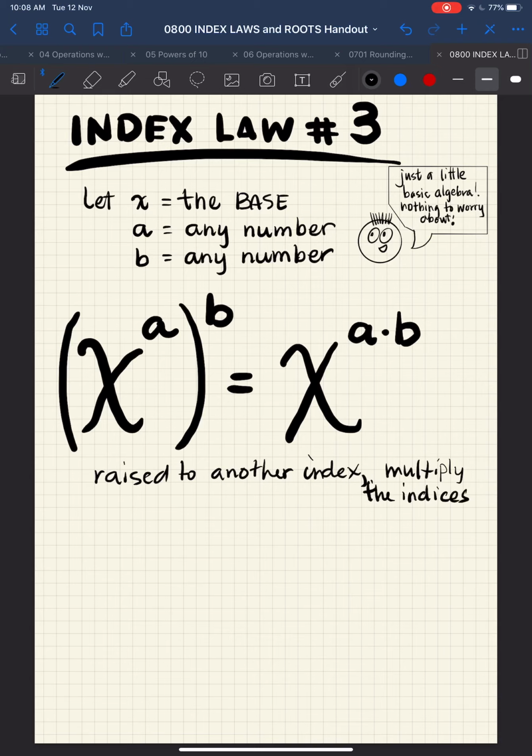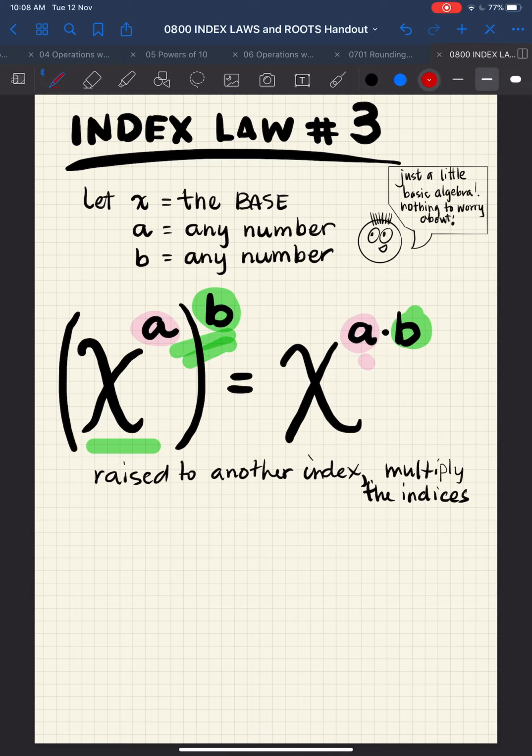Look at this one: we have x to the power of a, raised to the power of b. What do we do? We multiply a and b, a times b. So if you have a number with an index raised to another index, we multiply the indices.